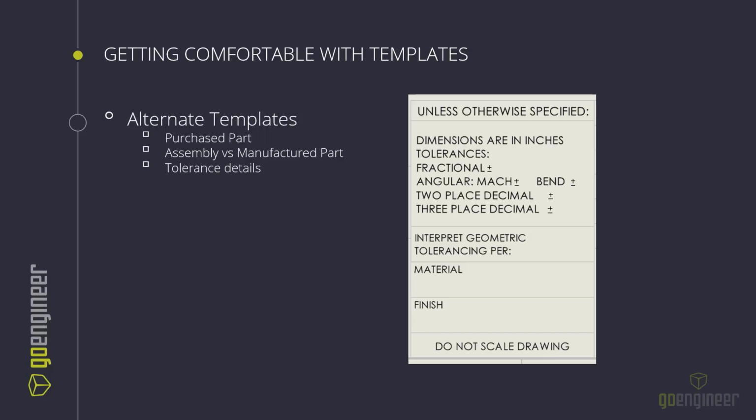So maybe you had different tolerances based on the precision of your file. Maybe you had different precision standards for your machine part versus a weldment or a formed sheet metal part. So just different ways we can clean up and adapt our templates for our needs.